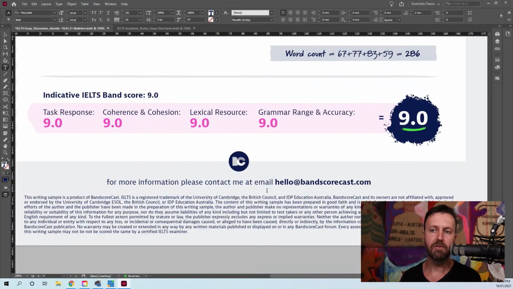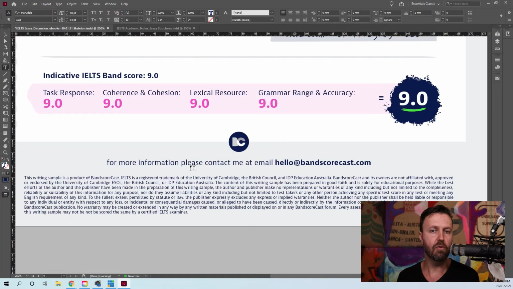So as I mentioned before, just with an indicative band score, again, you can argue that the task response is approximately 9 because of how well we've answered the question. The coherence and cohesion has flowed very well. We can clearly understand the essay and it does flow from one to the next. Lexical resource is your choice of vocabulary, and again, we've got some great vocab here that we have chosen.